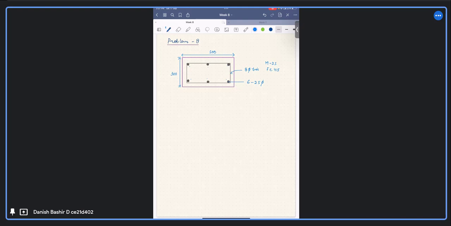So for calculation parts, we will draw the section like this. For simplicity, we have to draw these reinforcements like this.